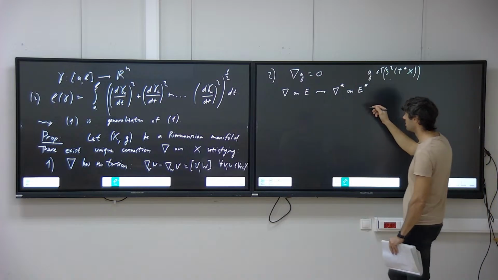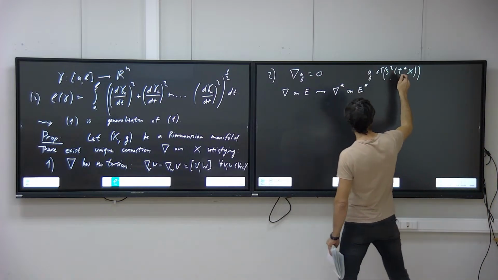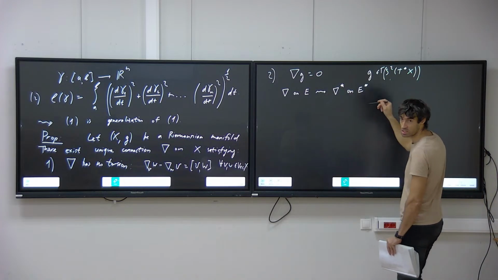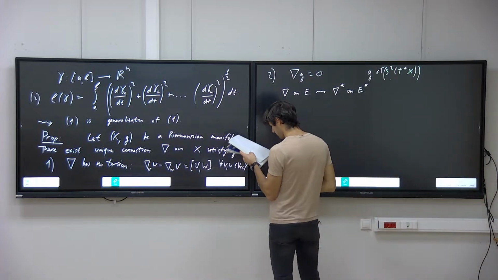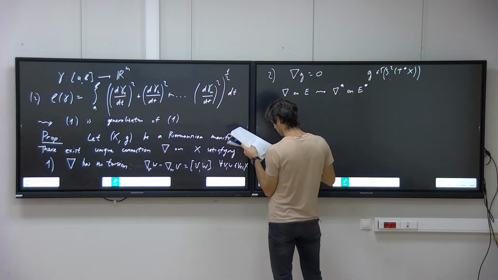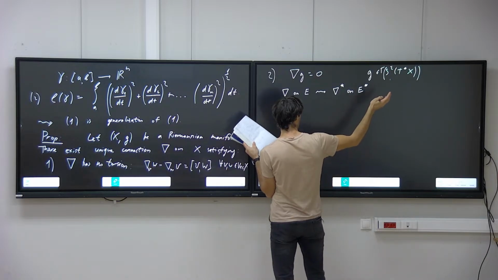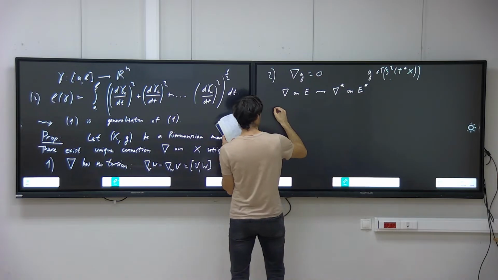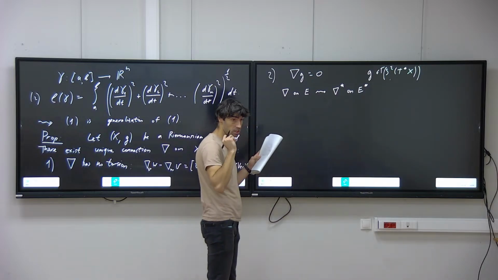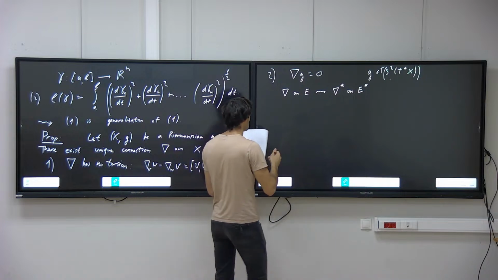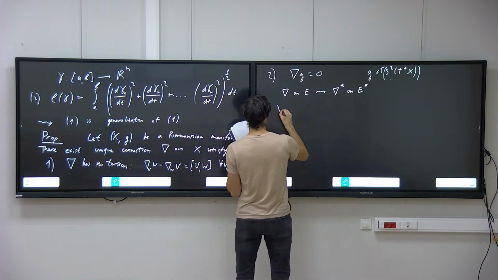So this gives me a way to apply nabla to T*X, but also to extend it to any tensor of T*X, in particular a symmetric one, by the Leibniz rule.